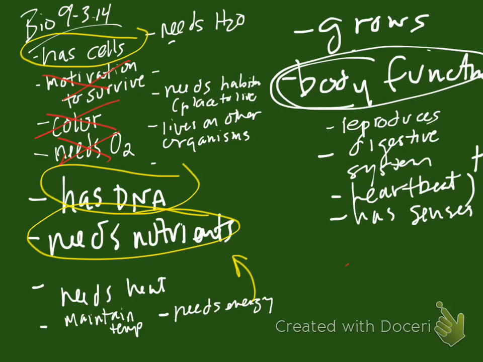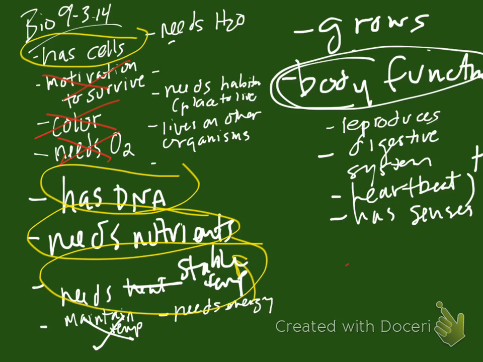So we like the idea. What if we were to say instead of needs heat, needs stable temp? Would that make it better? And maybe maintain temp, because again, that implies they can do something about it. Maybe that goes away. So needs a stable temperature.